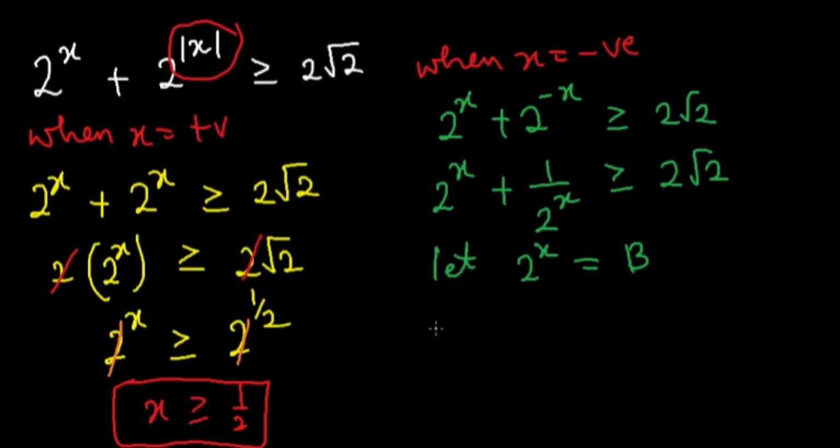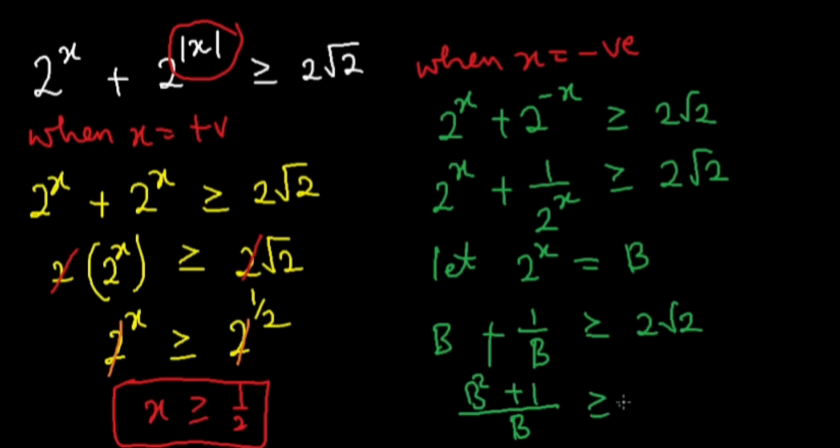So I'm going to have b plus 1 over b greater or equals to 2 root 2. So if I find the LCM here, I'm going to be having b squared plus 1 over b greater or equals to 2 root 2.